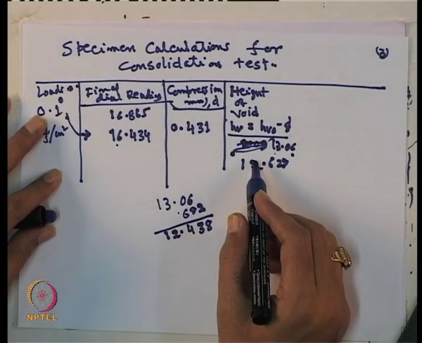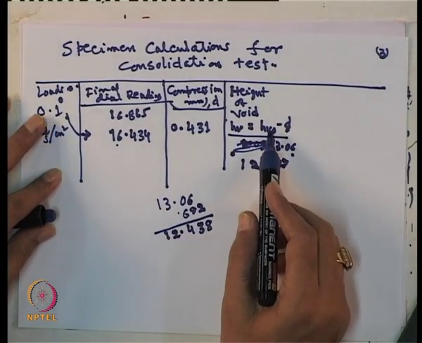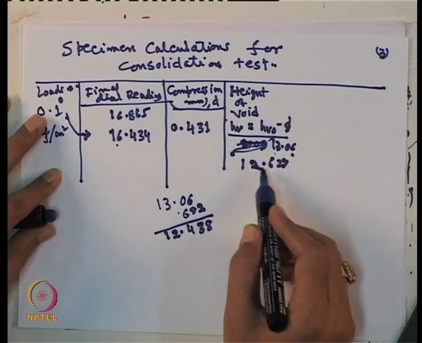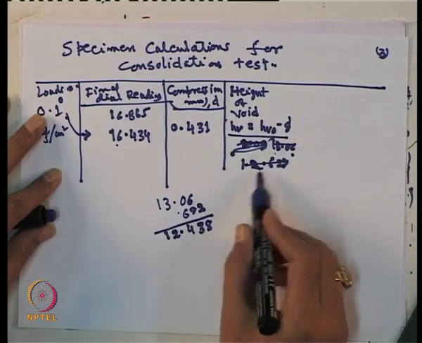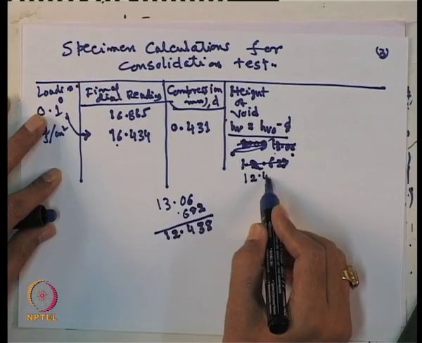So, this value h of v0 minus d will be equal to 12.438.